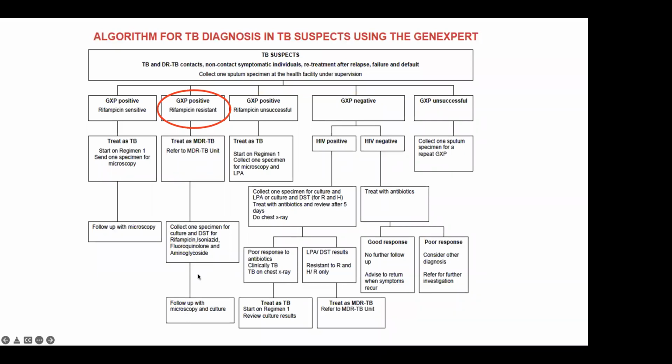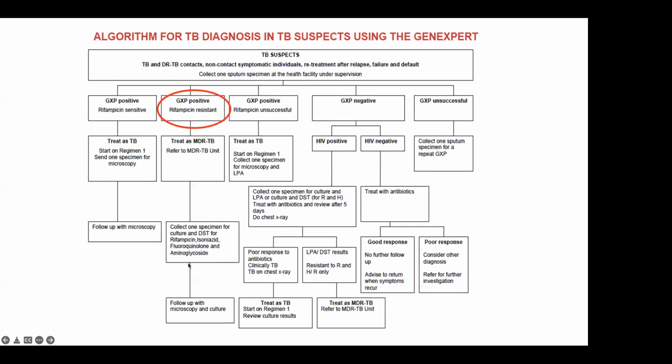It's important to follow up on these results, because they can determine whether a short regimen should be continued or changed to a long regimen, and whether other changes need to happen for this particular patient. For the rest of the presentation, we will deal with patients who have TB that is resistant to rifampicin and how to approach it.